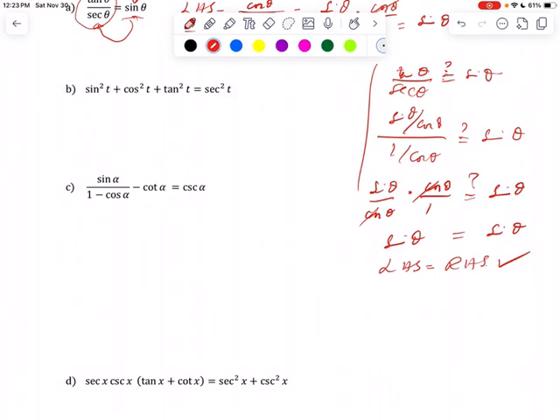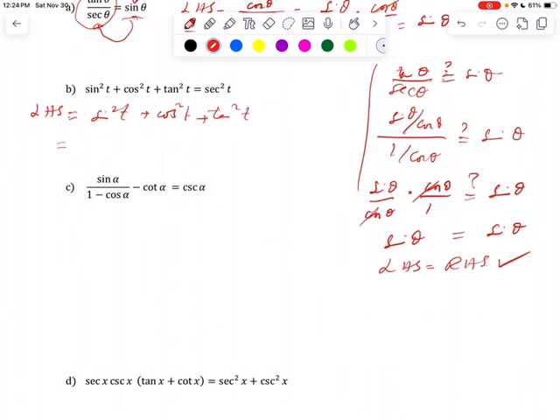Okay, now looking at the next part B. If you can think of something. The left hand side is complicated. Left hand side is equal to sine square t plus cosine square t plus tangent square t. So what should we do now? This is the thing.